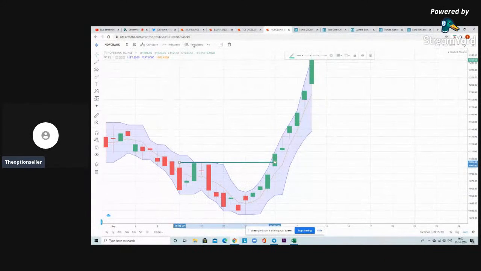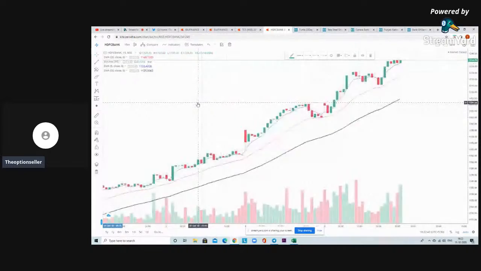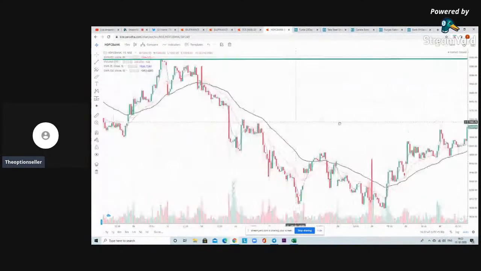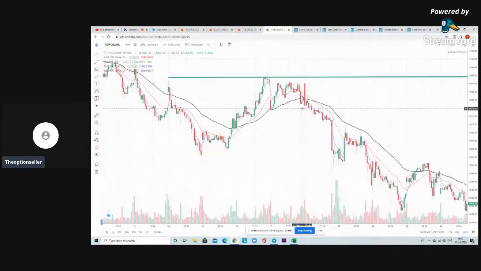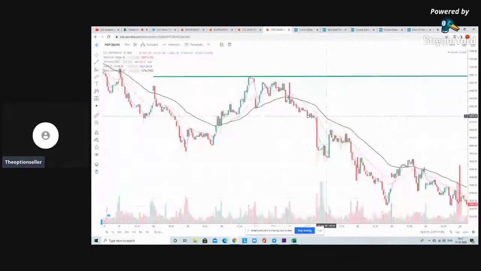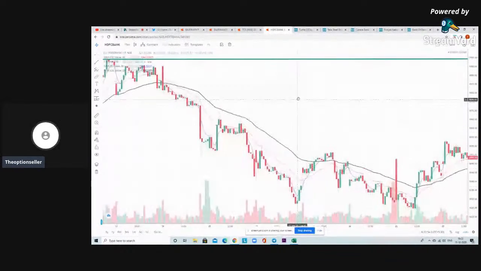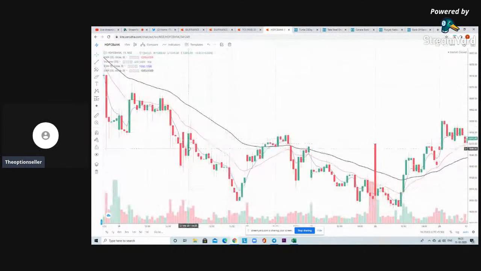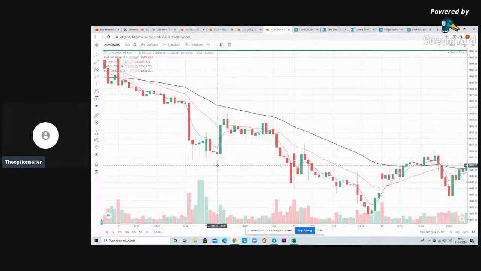See what happens. Yeah, here. So this is 18th. 18th is when it actually fell down and it broke the downtrend channel low. Now on 21st, when it opened here, see here it opened on 21st.